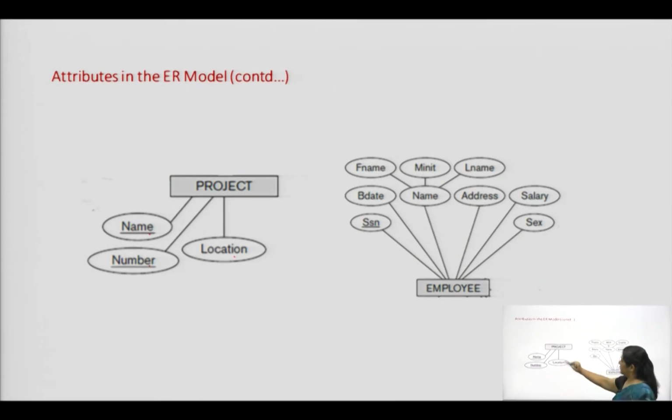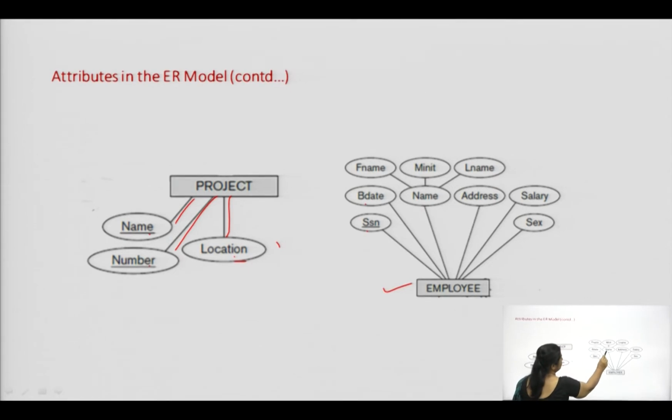We have the entity project and 3 attributes which are shown by ovals over here, and they are joined to the entity. I have underlined some of the attributes, which we will take up later. I have another example over here. The entity is the employee, and these are some of the attributes: SSN, BDate, name, though the attribute name has been divided again, we will do that, address, salary and sex.